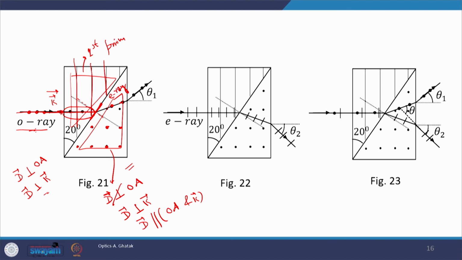So for refraction, we will use NE as the refractive index for the same ray in the second prism. And using this NO and NE, we can calculate the angle of emergence, that is theta 1, out of the prism.